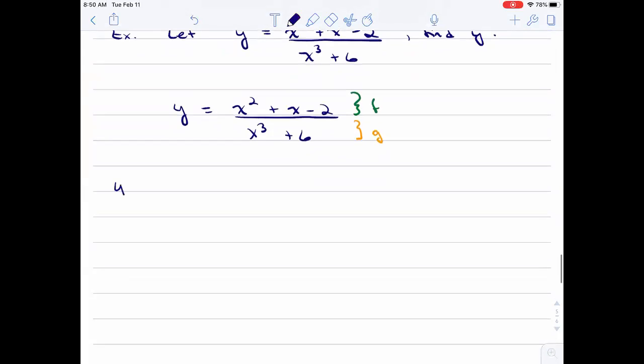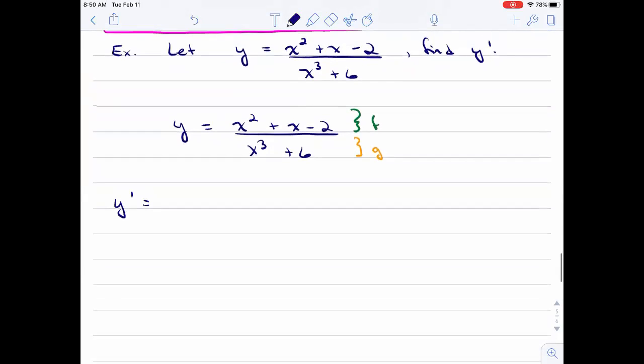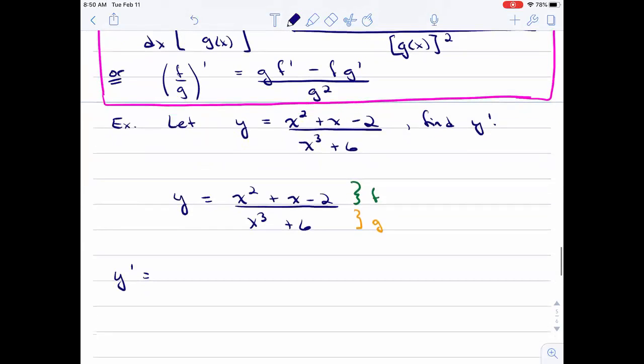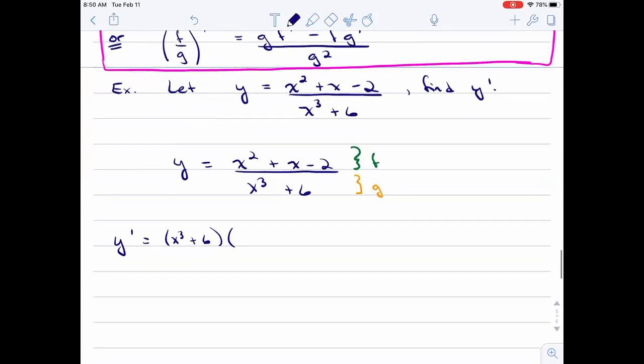So then y prime, and I am going to need quite a bit of room here, so I'll move it over. Y prime is g, just straight g. So we do x to the 3 plus 6 times, and I'll write out, look at what I've done in my notes.